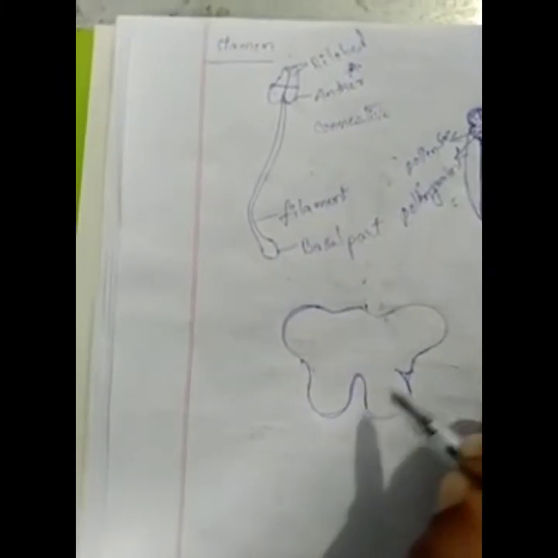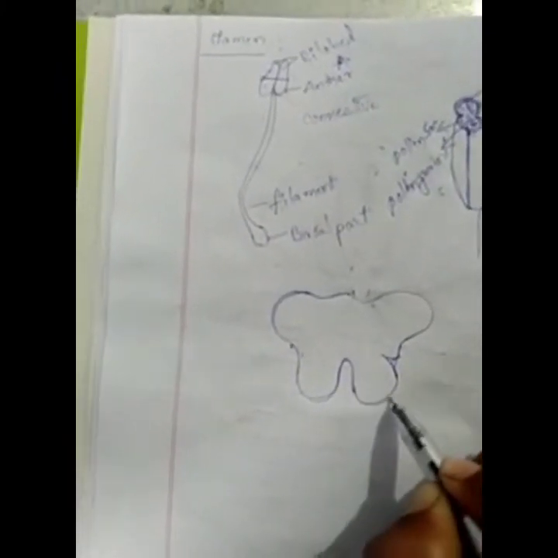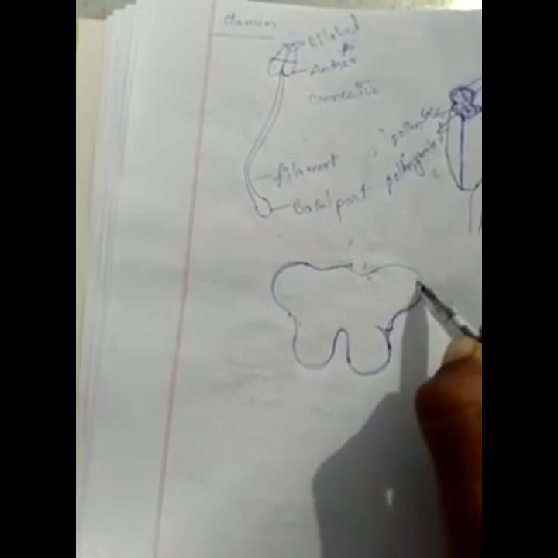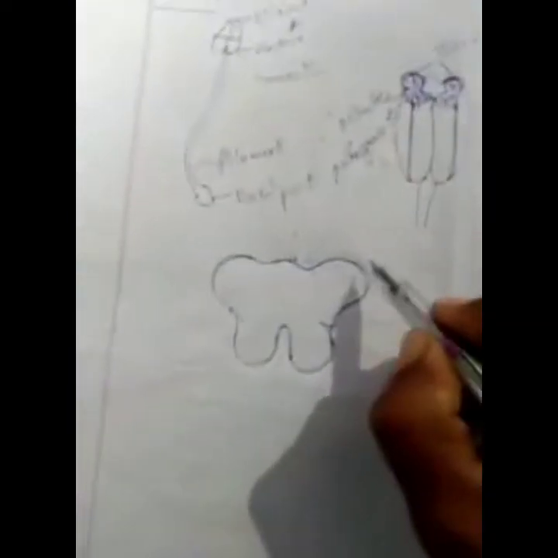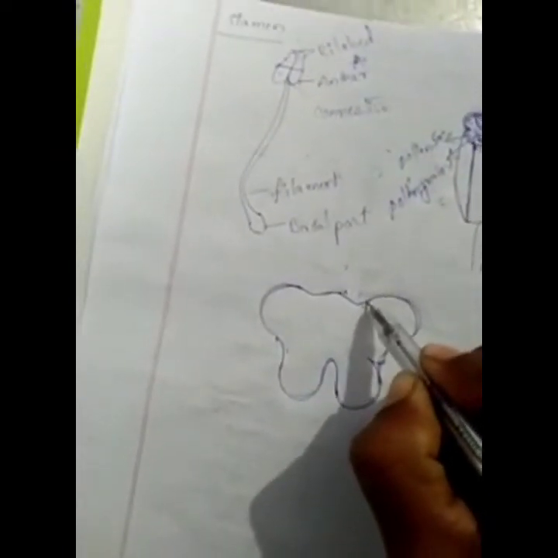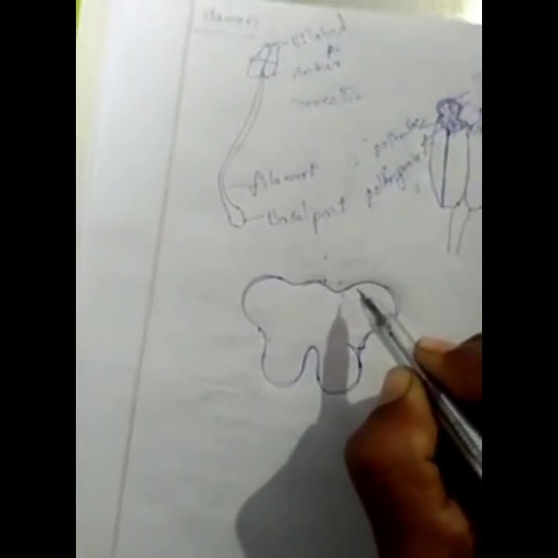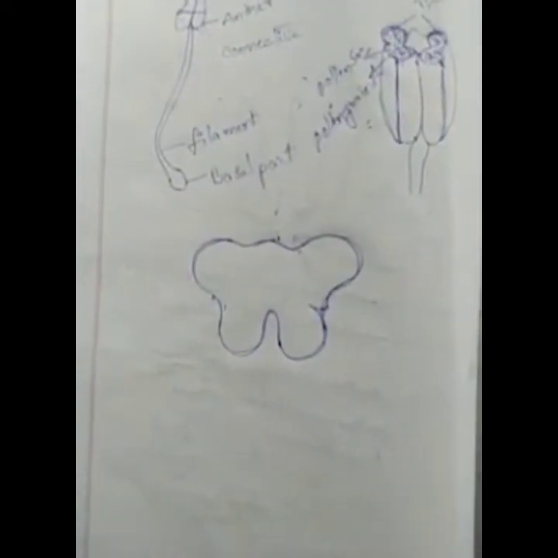The outer layer, especially we have to observe, so a microsporangium is composed of different layers.